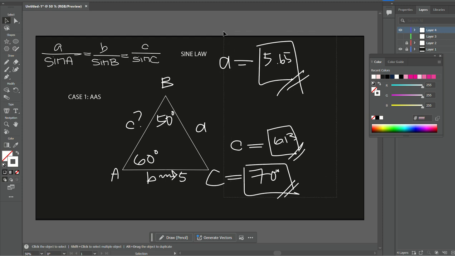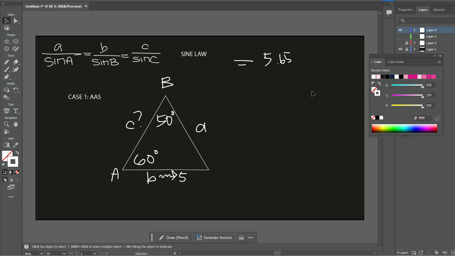So let's do it with case 2. For case 2, we move the B here.